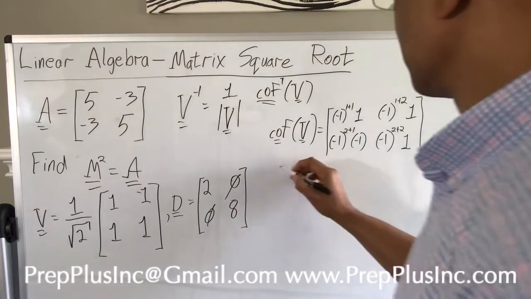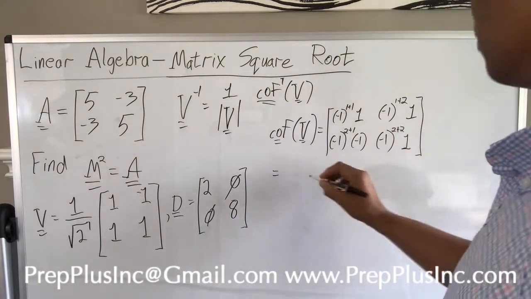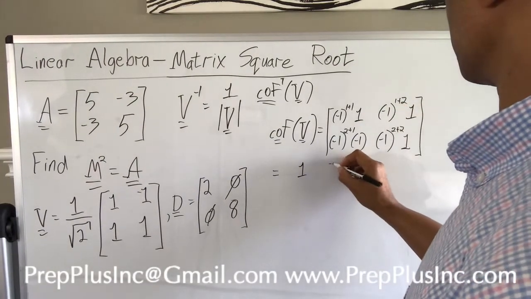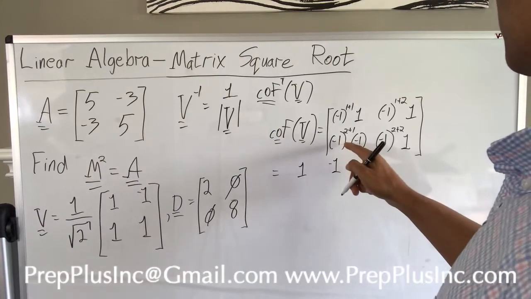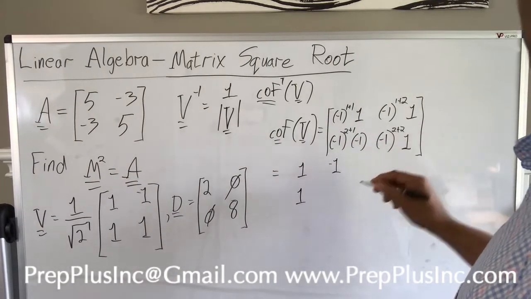That's just the cofactor matrix: this is 1, this is minus 1, this is minus 1 times 1, which is minus 1, and this is 1.